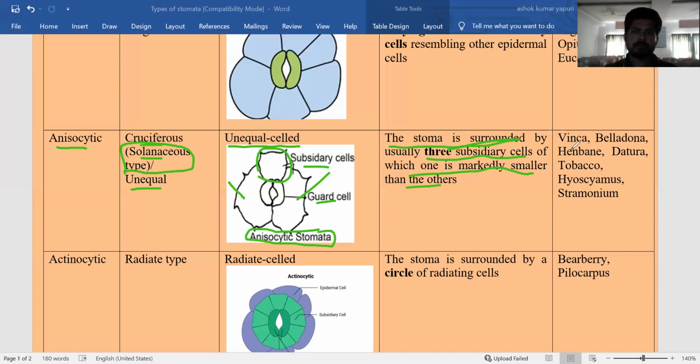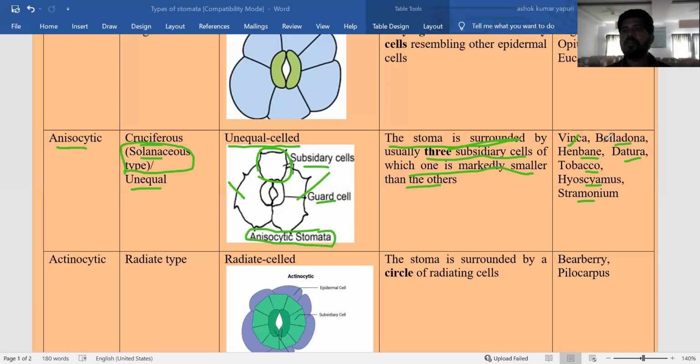The anisocytic stomata is observed in Vinca, Belladonna, Henbane, Datura, even Tobacco, Hyoscyamus, Stramonium. Examples: Vinca is an anti-cancer plant.